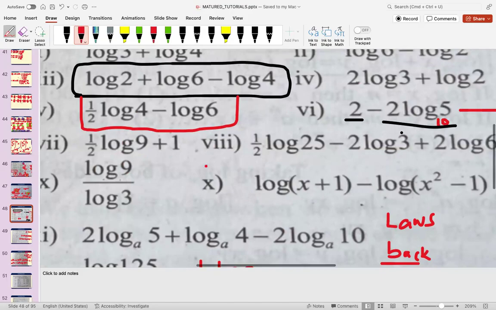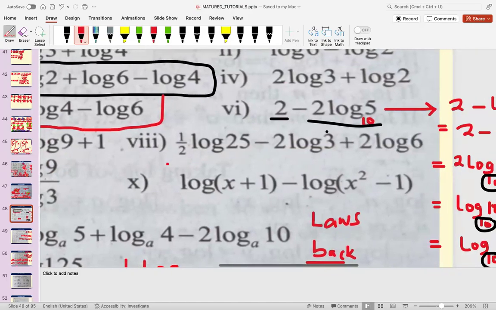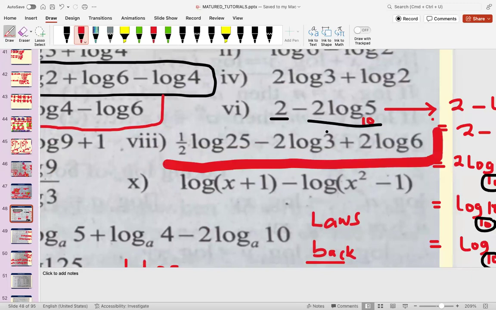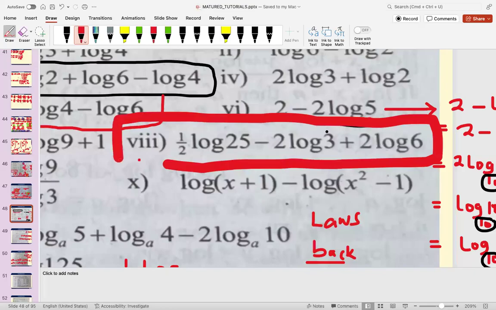And that sends us to question number 8, which looks a bit longer. So we are now here to tackle question number 8: half log 25 minus 2 log 3 plus 2 log 6.